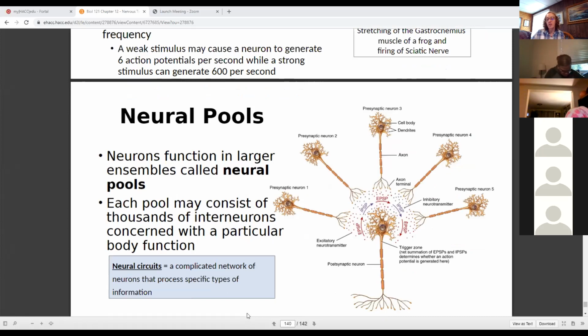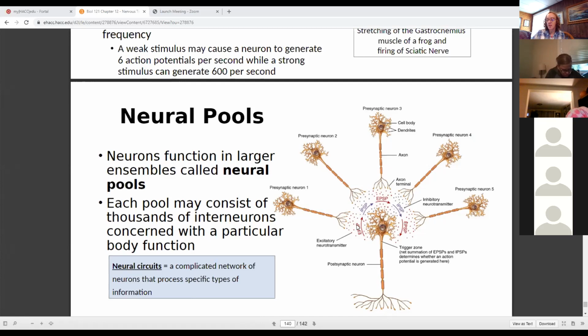They function with regards to neural circuits, where there's a complicated network of neurons that process specific types of information. If you look here, we have one neuron, and there's 5 presynaptic neurons here that are synapsing on this one postsynaptic neuron.